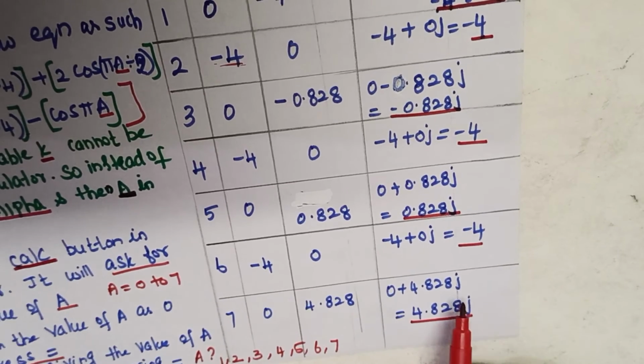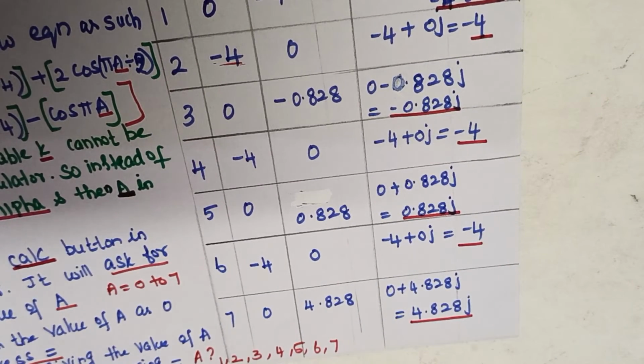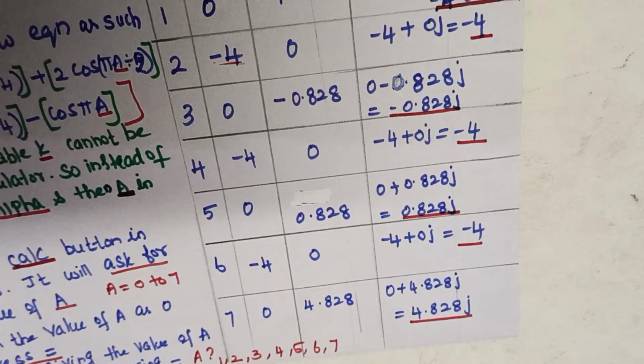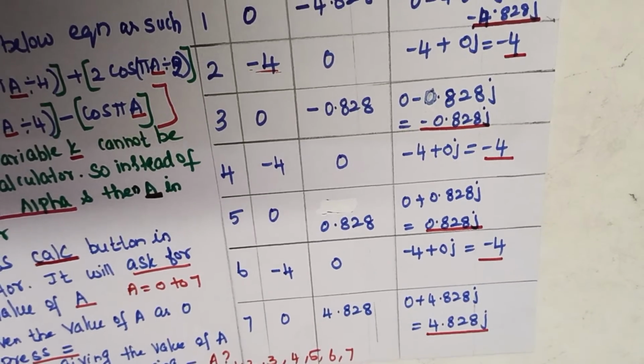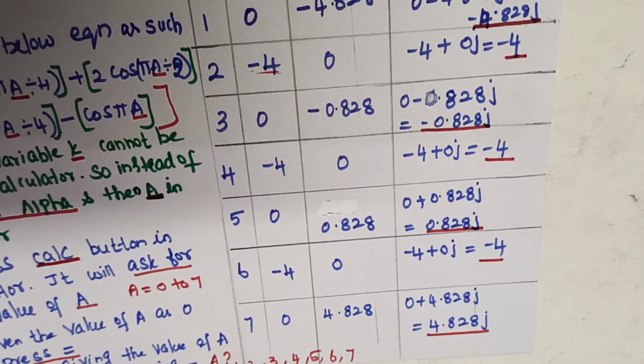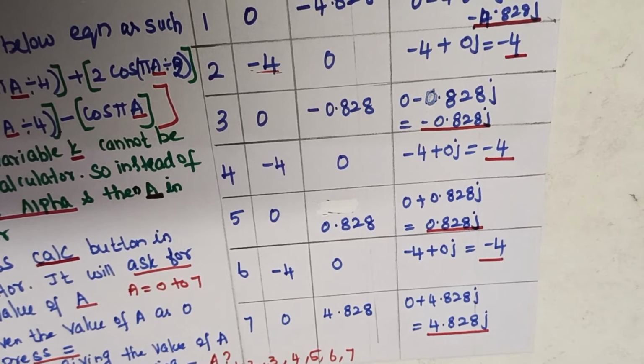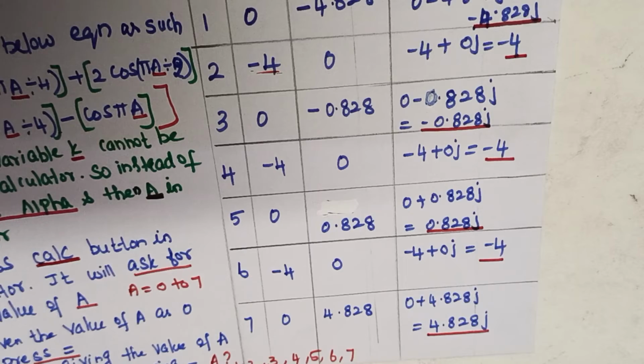So in this way, we can find the 8-point DFT in a very simple manner if you are able to store the real parts and imaginary parts separately as equations in the calculator and find their values separately. Finally, we have to club it together and sum it up.